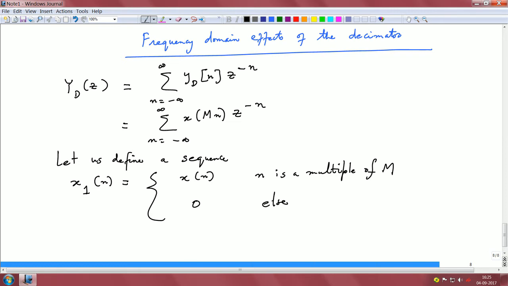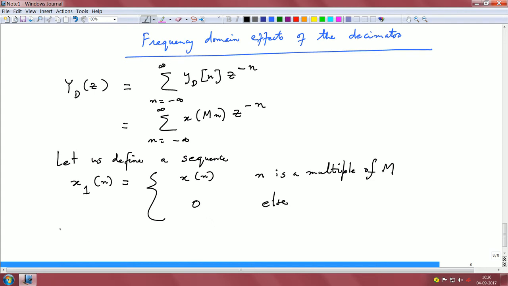Now I define x1 of n as x of n when n is a multiple of m and 0 otherwise, so that I can accommodate, because there are holes. At these points m n it exists, at other points it does not. To take care of those holes, we just define this new sequence x1 of n as follows.